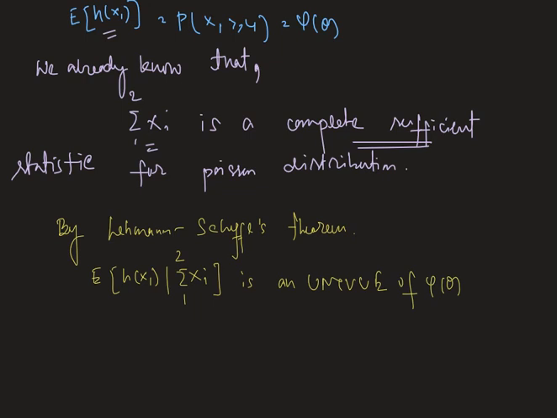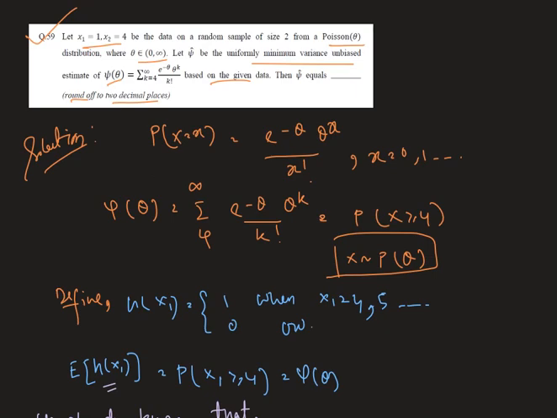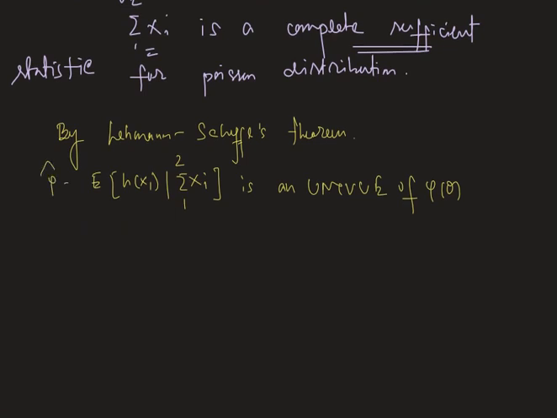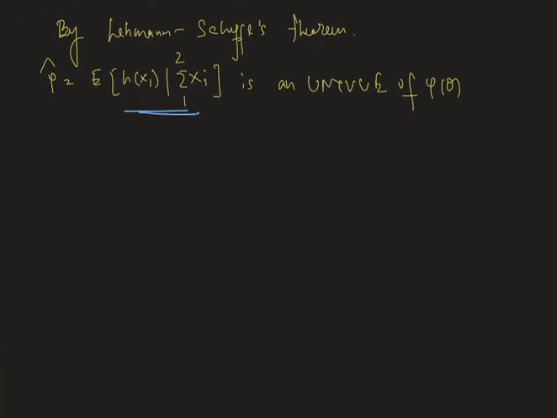Therefore psi hat is equal to the expectation of h(x1) given the sum over xi. Now we just need to find this expectation. As we know, h(x1) takes 1 when x1 is 4 or greater than 4, and 0 otherwise.